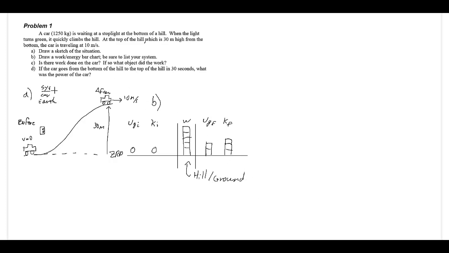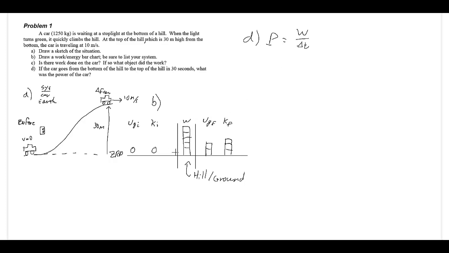Alright, D. If the car goes from the bottom of the hill to the top of the hill in 30 seconds, what was the power of the car? So we know that power, that's a capital P, not to be confused with momentum, is equal to work over time, right?